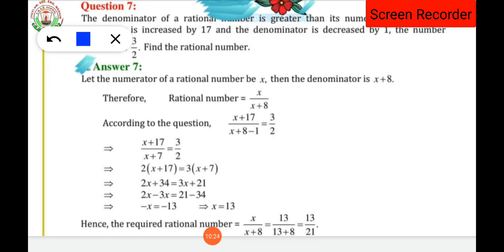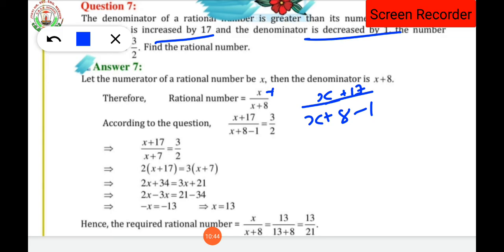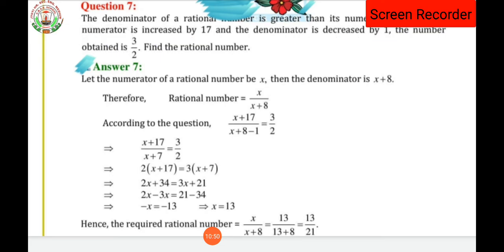Since in the question it is said that if x is the numerator, then x plus 8 is the denominator. After this it is said in the question that the numerator increases by 17, so 17 will be added, and the denominator decreases by 1, so 1 will be subtracted from the denominator.